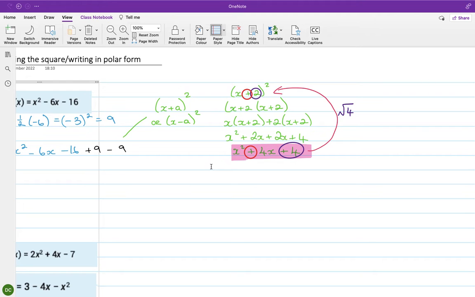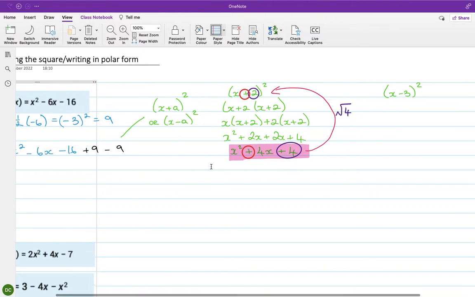Okay, and then if we look at the negative version, if we have x minus 3 squared, and I do that one out, it's going to be x minus 3, which is x times x minus 3 times x minus 3, which is x squared minus 3x plus 9, which is x squared minus 6x plus 9.